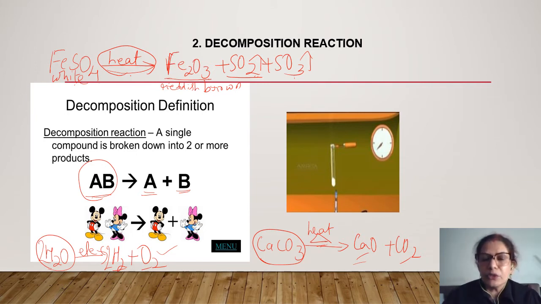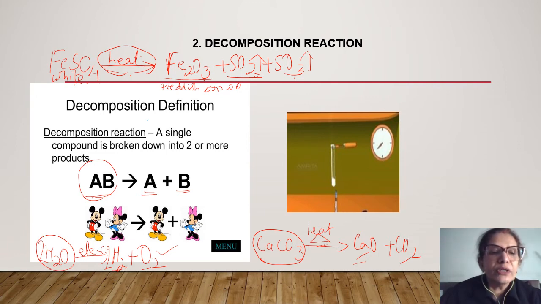Let me use a different color so that you know. So iron, now on this side, how many irons do we have? We have one iron on the reactant side. Let's use the terms also. You all know now what is a reactant, what is a product. So the reactant here is ferrous sulfate.